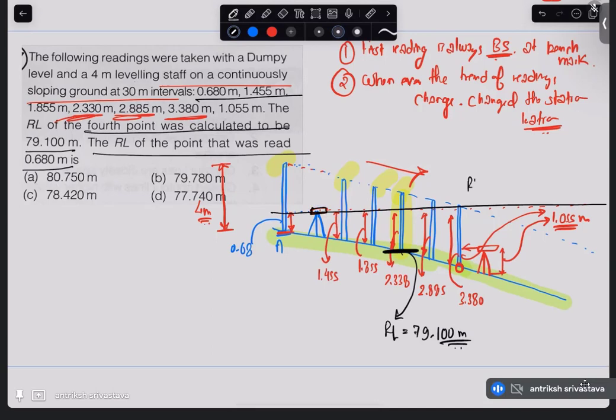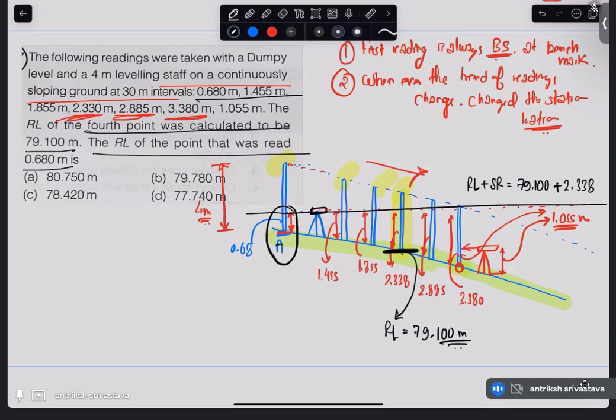What is it? It is nothing but the reduced level of the given point plus the staff reading. It is 79.100 plus 2.338. And this line of sight level is maintained throughout. So can we get the reduced level at A, which is the desired point?